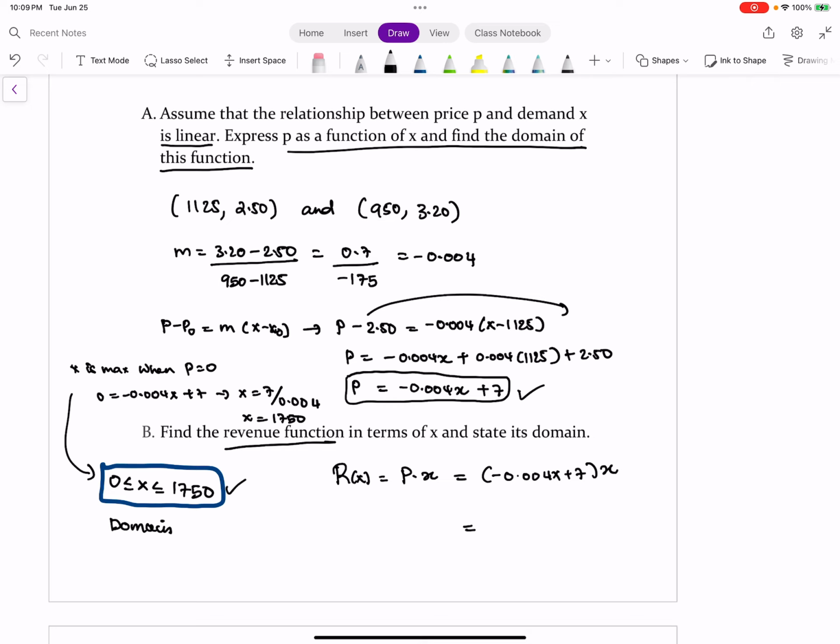So the revenue function becomes negative 0.004x squared plus 7x. So this is the revenue function. Revenue means price times demand or items. What is the next? And the domain is the same.